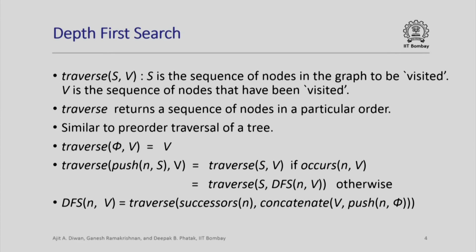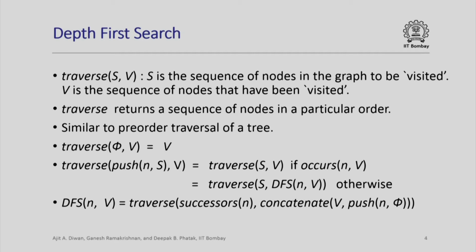So, what is depth first search? We define a function called traverse(S, V). S is a sequence of nodes in the graph to be visited, and V is a sequence of nodes that have been visited. Traverse will finally return us a sequence of all nodes that get visited, but it currently uses two sequences of nodes, S which is yet to be visited and V which have been visited.